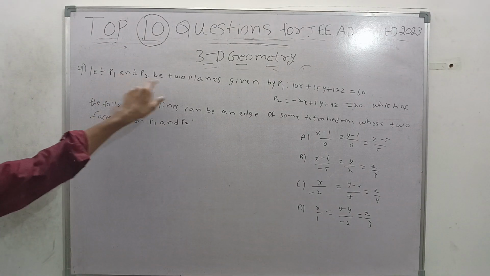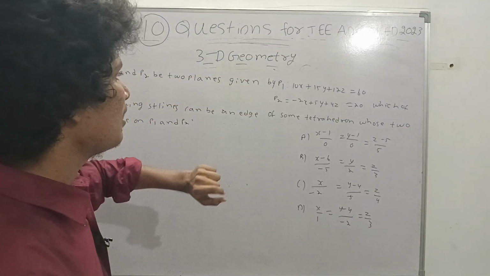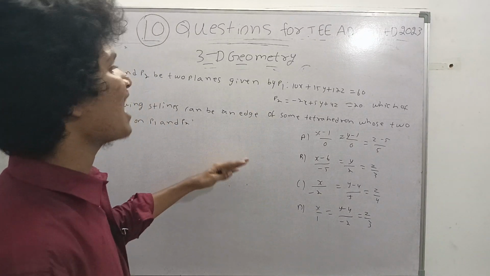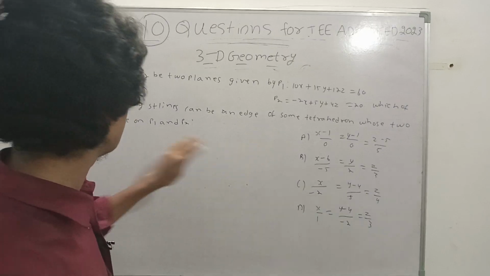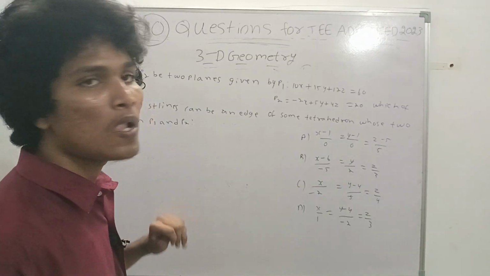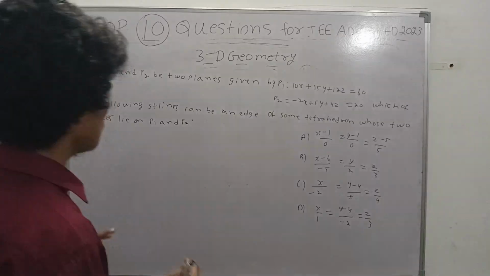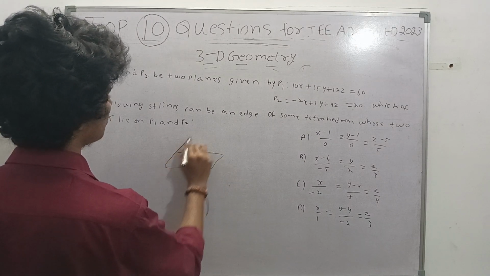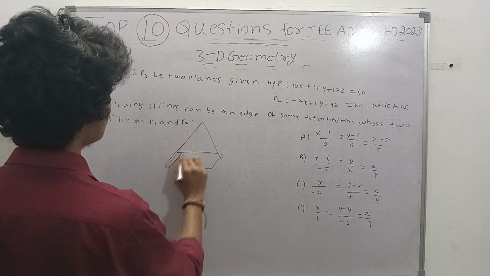So what they gave? Let P1 and P2 be 2 planes. They gave 2 planes here, and they are asking which of the following straight lines can be the edge of the tetrahedron whose 2 faces lie on P1 and P2. Tetrahedron, you already know the tetrahedron. Suppose you take a glimpse of this.